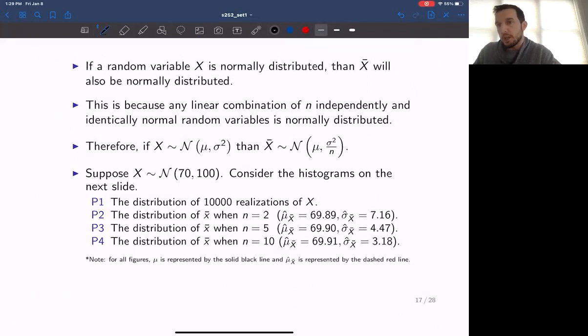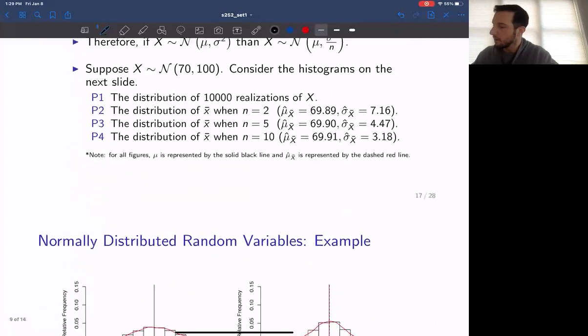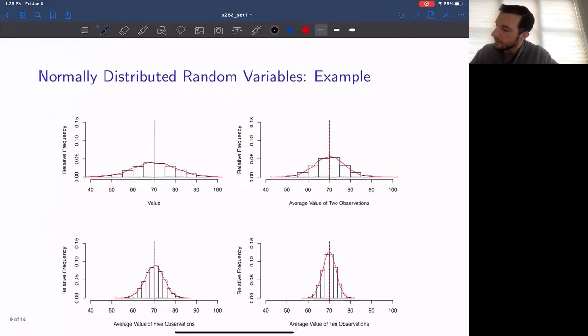Now, the changes that we can expect in the distribution of the sample mean when we start from normal depend on the amount of information that we collect. So let's say that our population of interest is normally distributed with a mean of 70 and a variance of 100. Okay, so here is the histogram for the population.